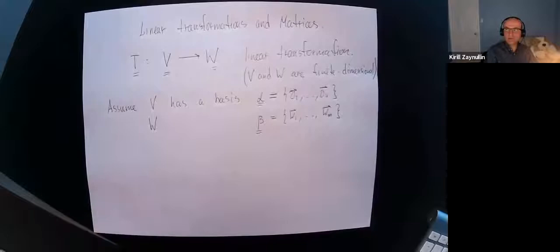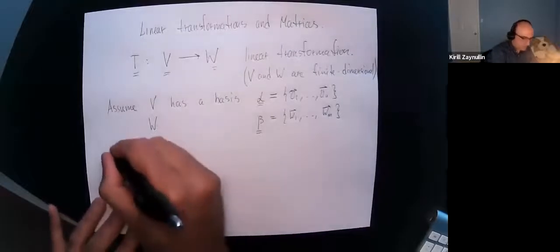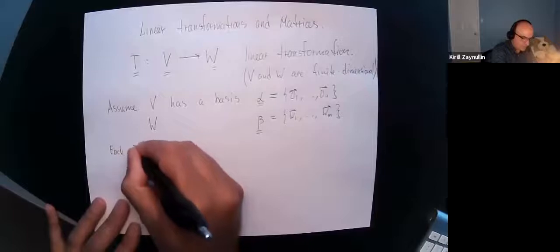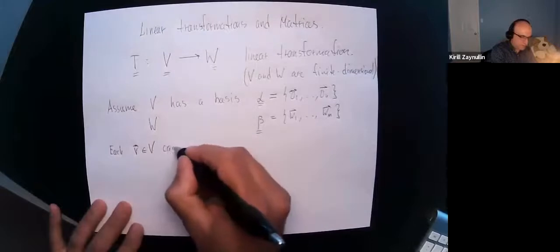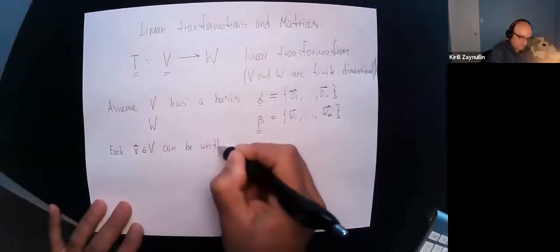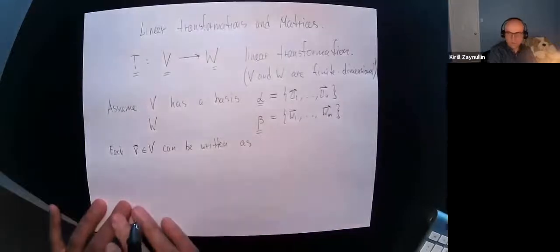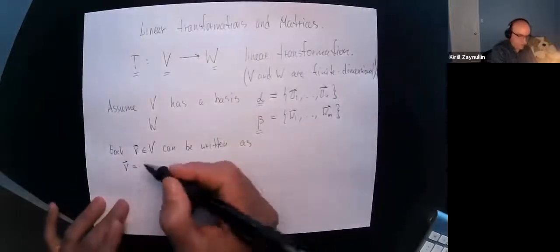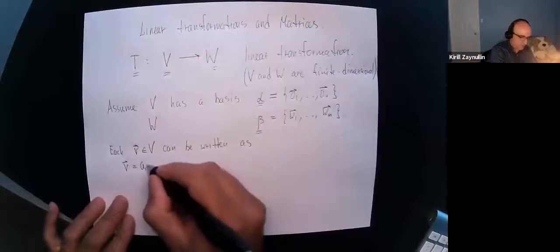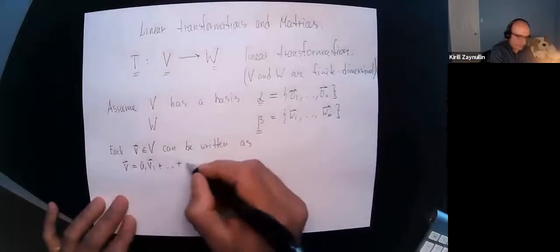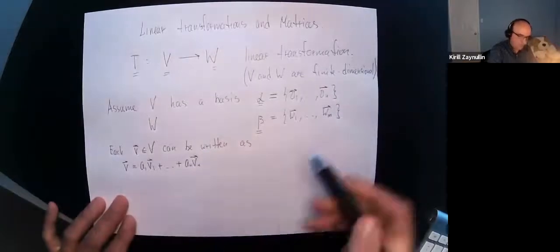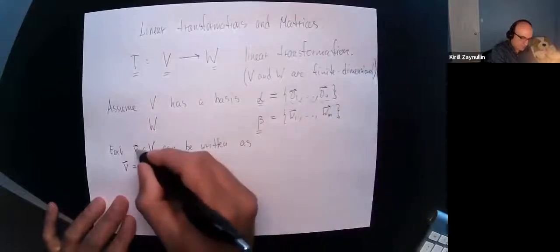After we did so, we can write each vector v from V as a linear combination of the vectors from the basis of V, so a1 v1 up to an vn.